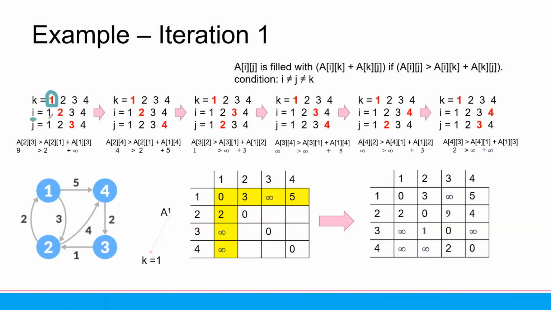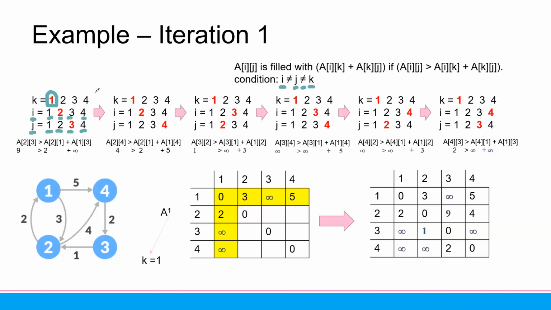So this is the number, the vertex. Okay? We can have vertex 1, 2, 3, and 4. The vertex j can also be 1, 2, 3, and 4. But as we know, i cannot be the same as j and cannot be the same as k. So all should be different.